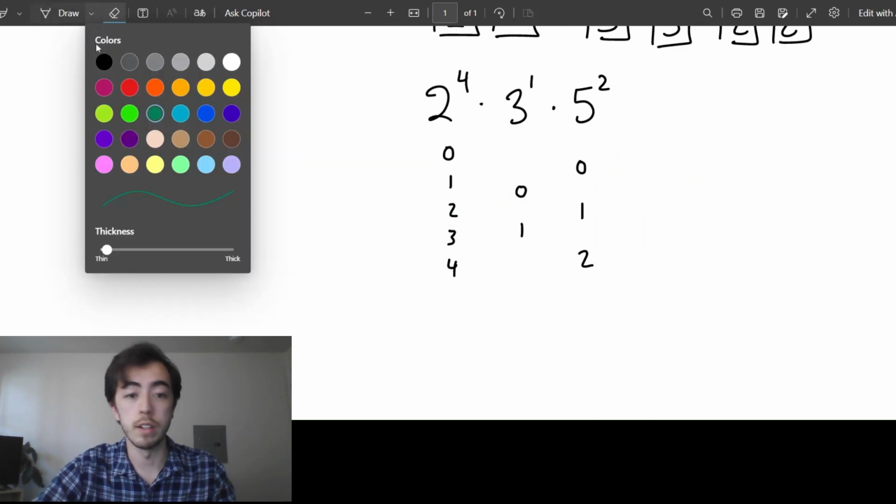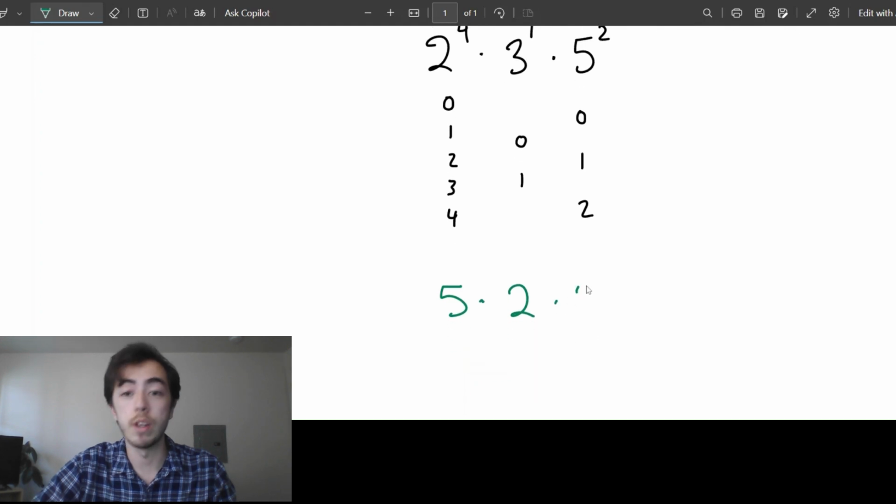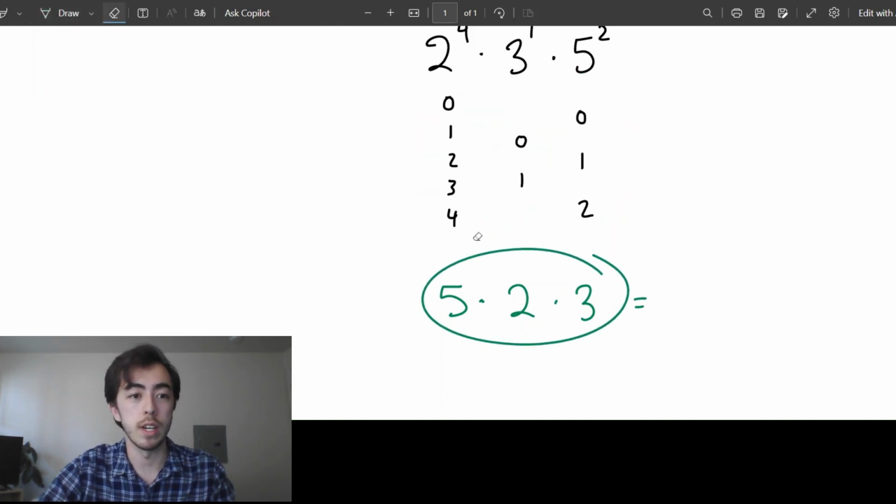And now I notice that I have 5 options for how many 2s I'm picking. I have 2 options for the amount of 3s, and I have 3 options for the amount of 5s. And whenever you are in this scenario where you are trying to figure out how many options you have total between a certain amount of choices, you can just multiply those numbers together.